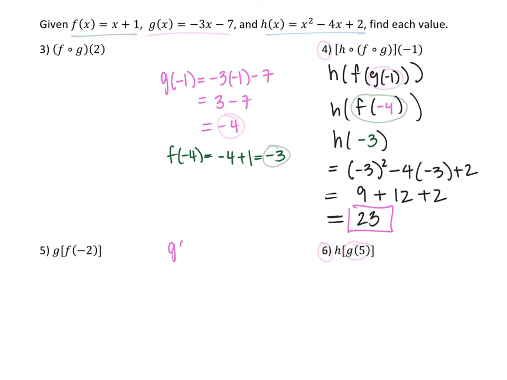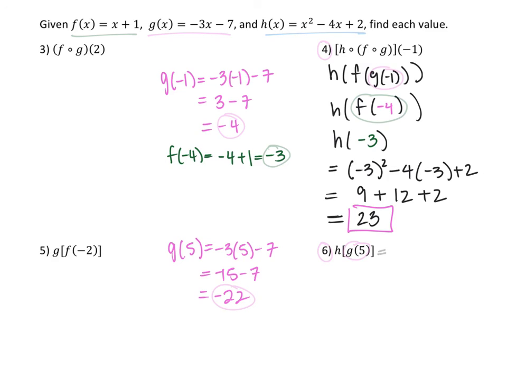If I plug 5 into g, that would be negative 3 times 5 minus 7. So negative 3 times 5 is negative 15. Minus 7 is negative 22. So here's my g when I plug in 5.